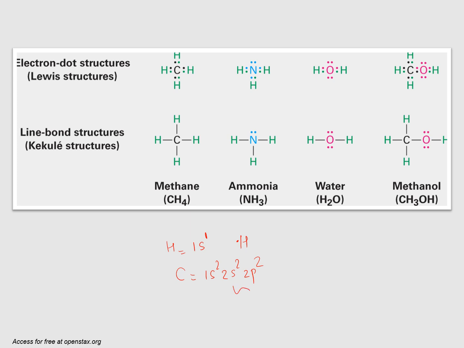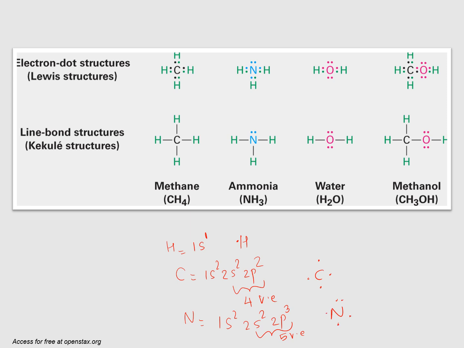It has 4 valence electrons, so carbon will be represented by 4 dots. Nitrogen has electronic configuration 1s2, 2s2, 2p3. It has 5 valence electrons, so nitrogen is represented by 5 dots: 1, 2, 3, 4, and 5, and so on.